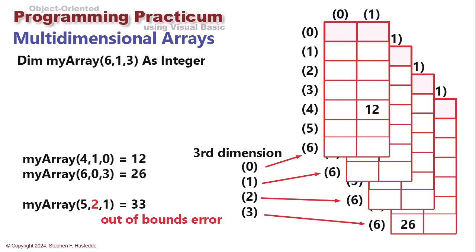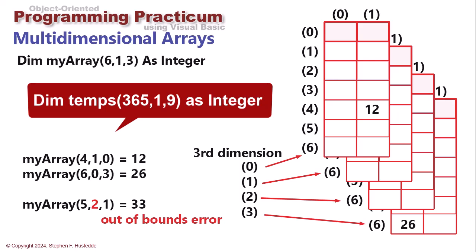And here you might think of this, again going back to Excel, as we have a worksheet that has rows and columns, but there could be multiple tabs or multiple worksheets in that spreadsheet file. We might do something like this if we want to keep track maybe of temperatures over the course of a year. We might have a high and low column, that might be 0 and 1, and then indices from say 0 to 365 for each day of the year as our number of rows.